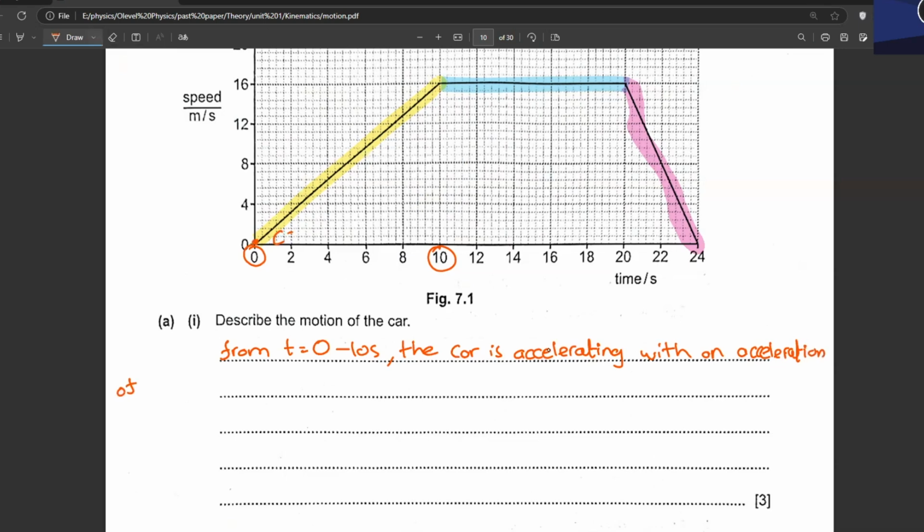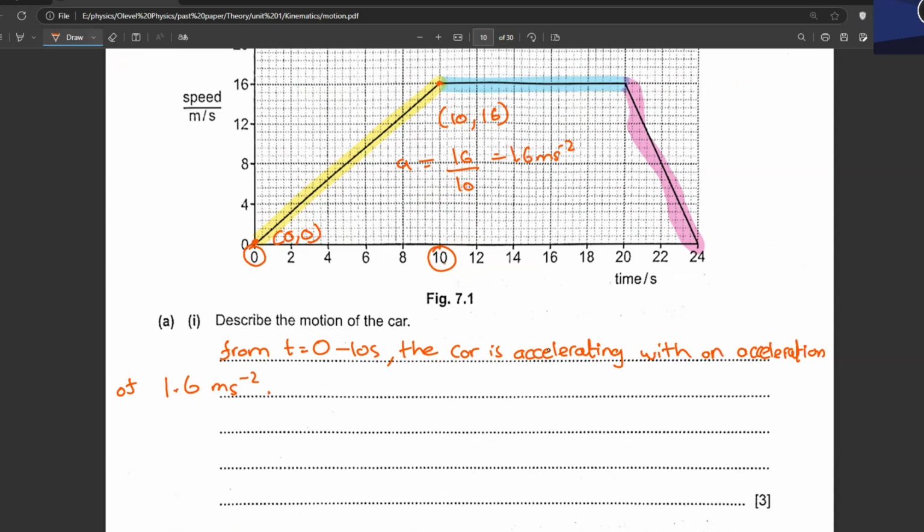This point is (0, 0) and this point is (10, 16). So y2 minus y1, 16, divided by x2 minus x1, 10. This comes out to be 1.6 m/s². So from 0 till 10 seconds, the car is accelerating with an acceleration of 1.6 m/s².